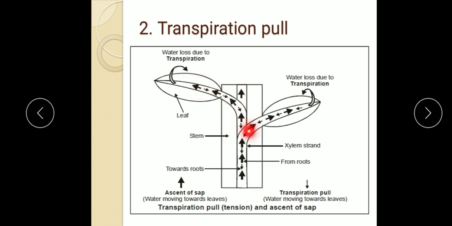And now the branches also have less concentration, because water will be transported to the leaf cells. Now this branch xylem will absorb the water from the stem xylem. So in this manner, a pull is created due to the transpiration.